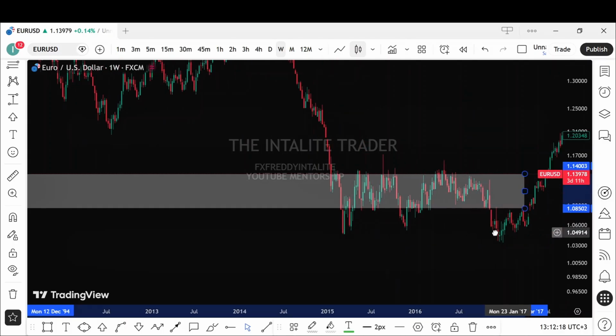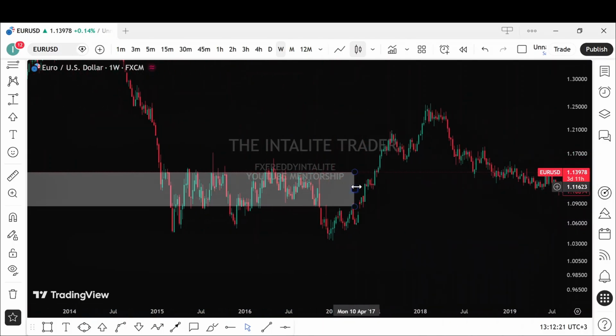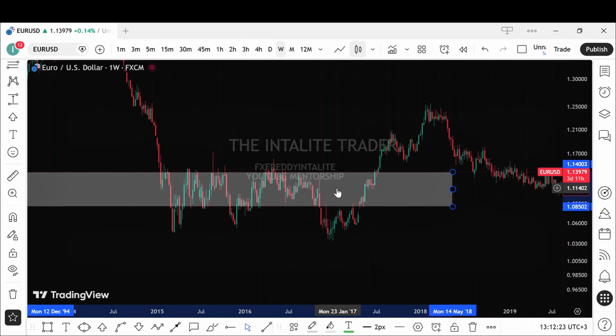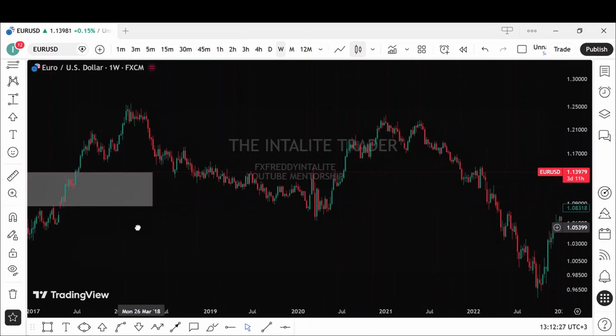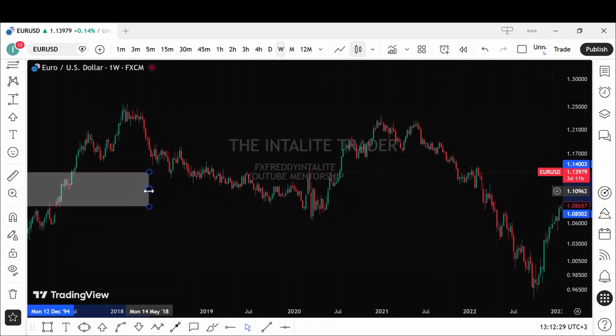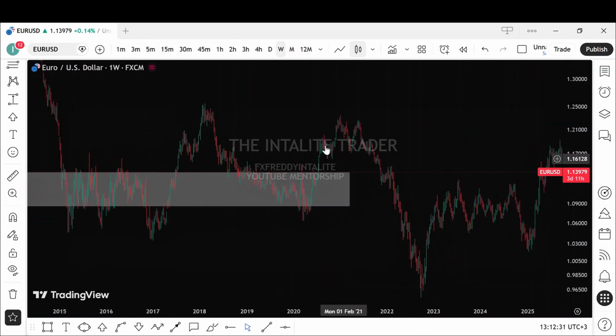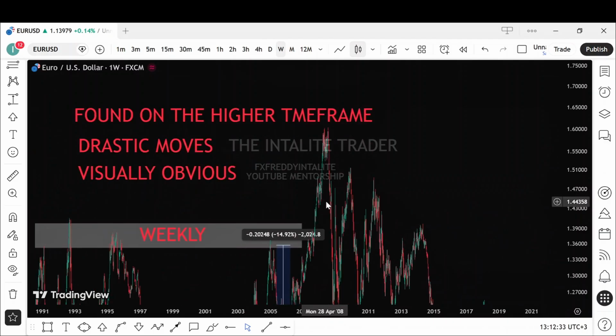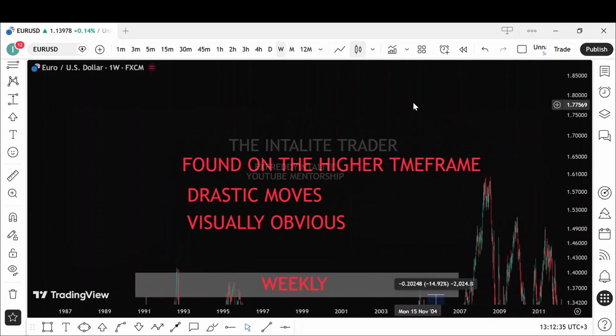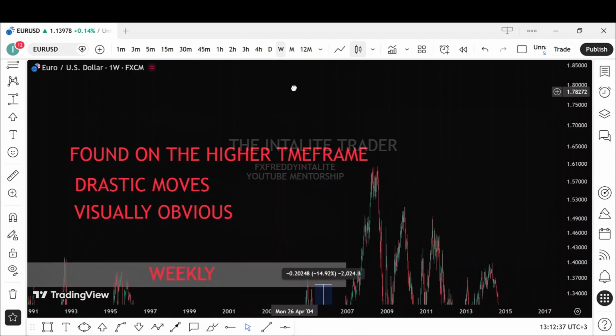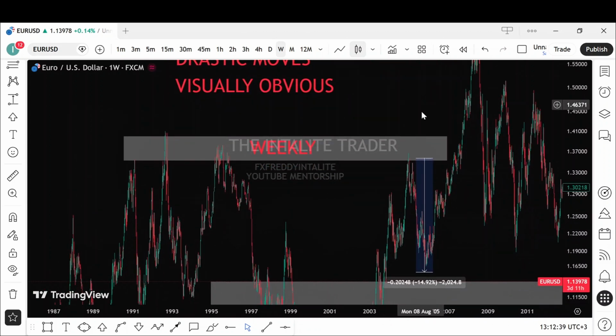Those are called multiple reactions, bounces, and reversals. So you see here, price is respecting the level. The more qualities you have on a key level, the more price is likely to respect your level.